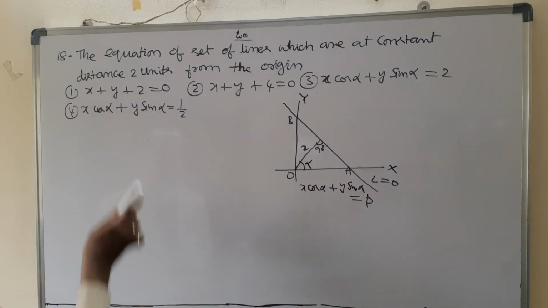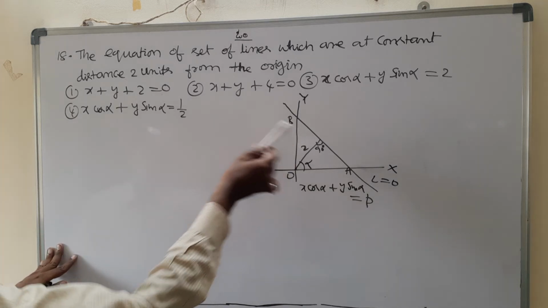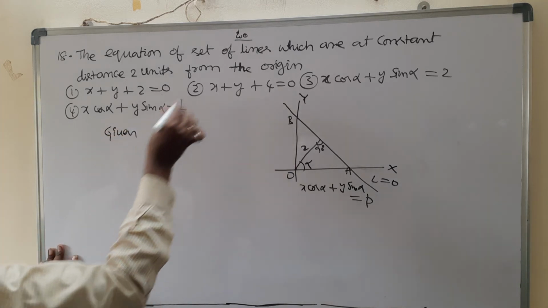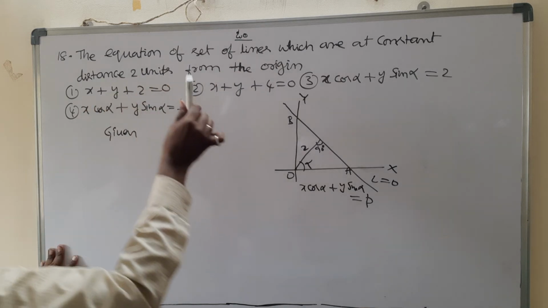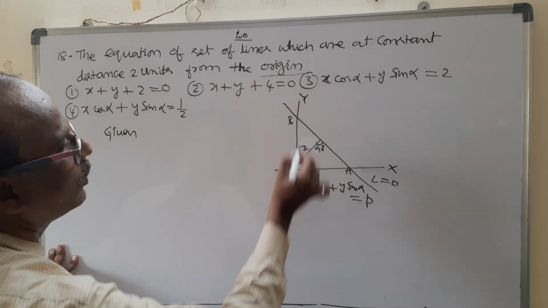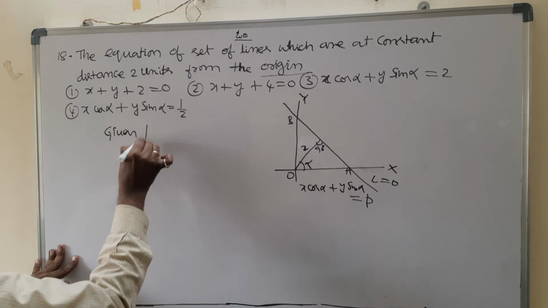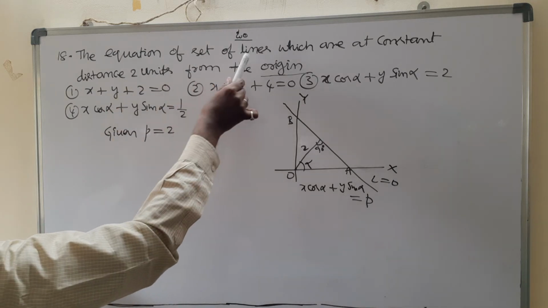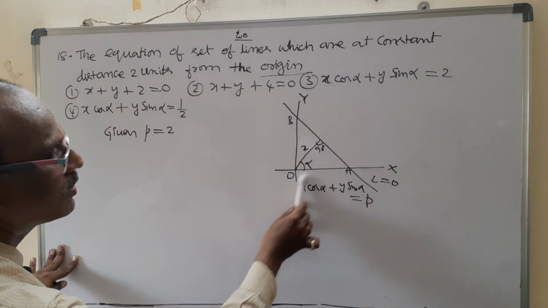Here the distance is given as 2 units, that value is p. Clearly, the distance from origin to the line is given, so p is equal to 2. The equation of set of lines is always the equation of normal form.